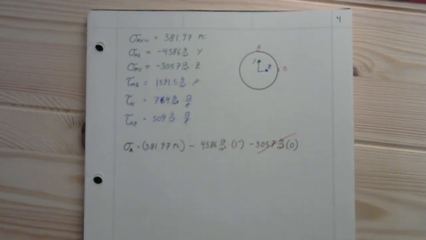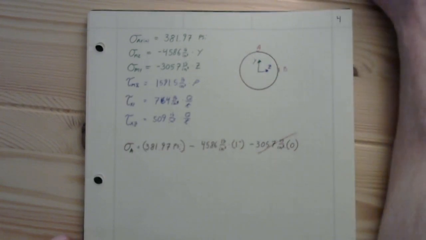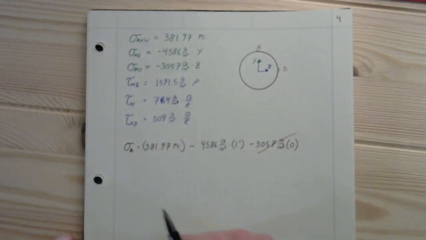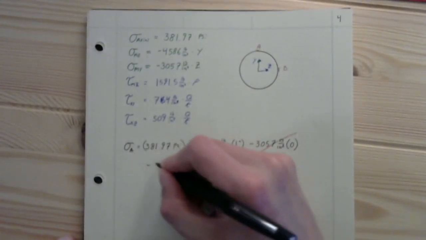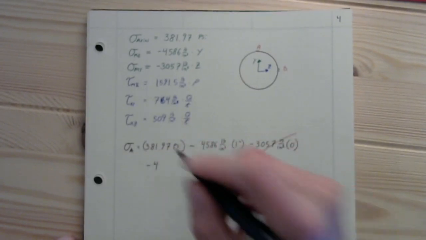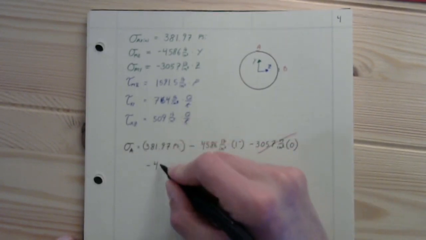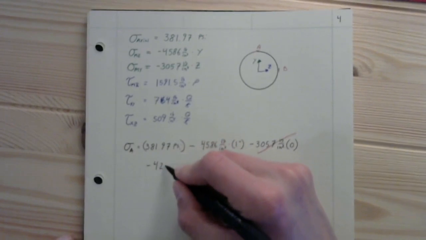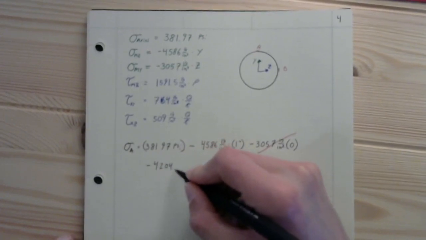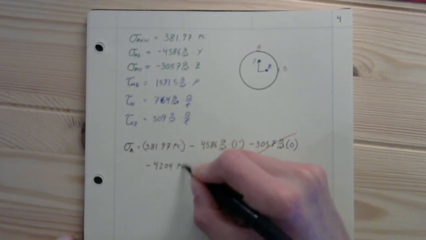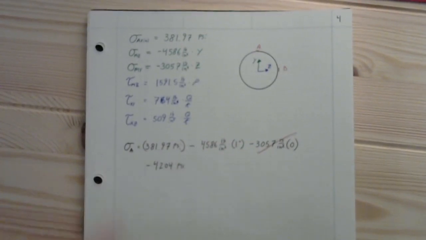There we go. So summing these two together, we obtain negative 4,204 psi for the normal stress at point A.